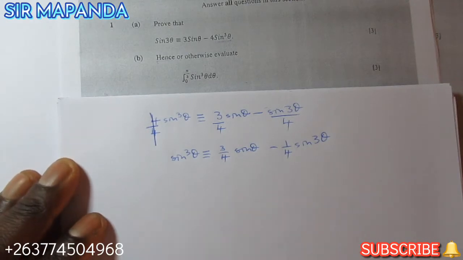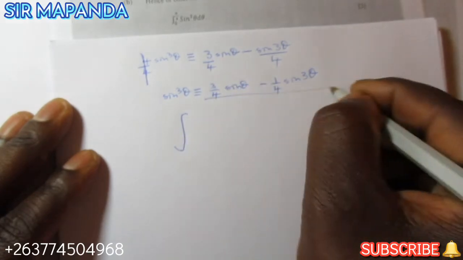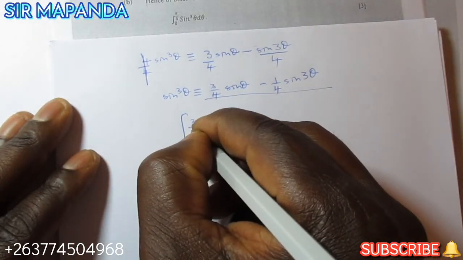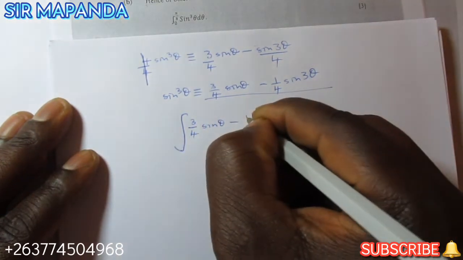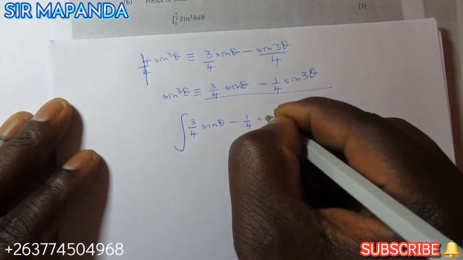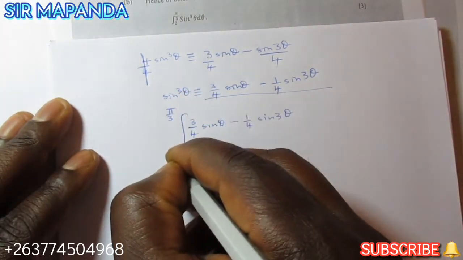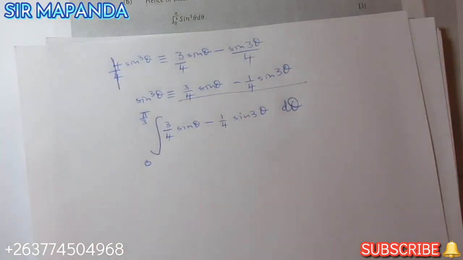So I'm now using this inside the integral. We now have the integral of 3/4 sine theta minus 1/4 sine 3 theta with upper limit pi over 3 and lower limit 0, d theta. Remember, the integral of sine is minus cos.